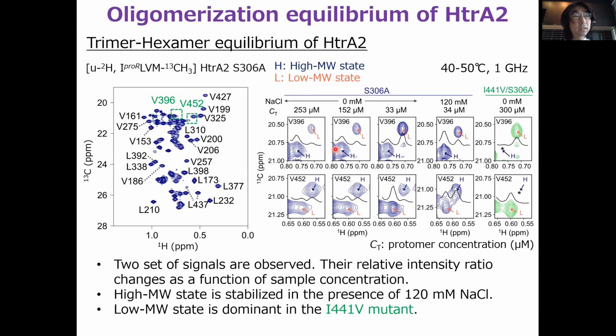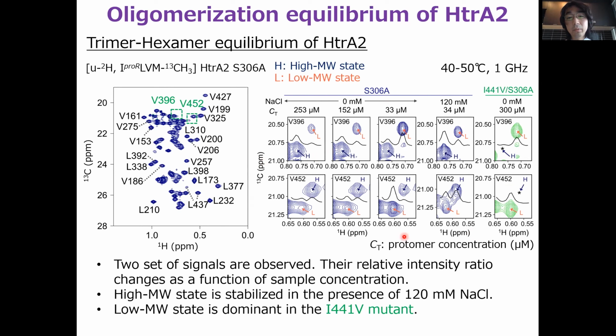During this assignment process, we noticed that some methyl-containing residues gave rise to two different NMR signals, and the relative intensity ratio of the two signals changed as a function of total protein concentration, pointing to the fact that this protease is in an equilibrium between different oligomeric states.